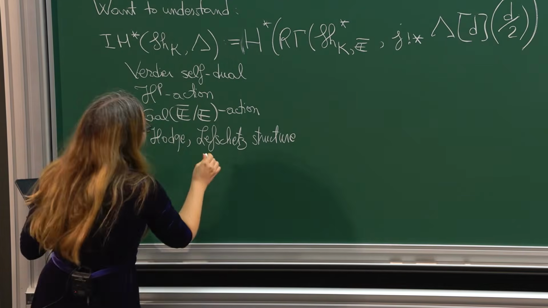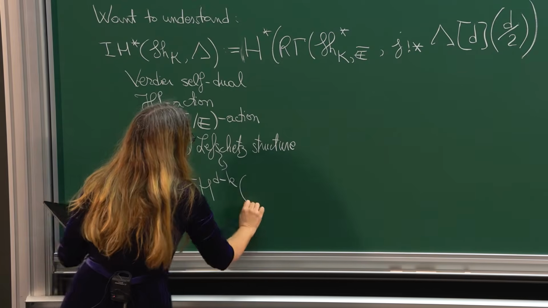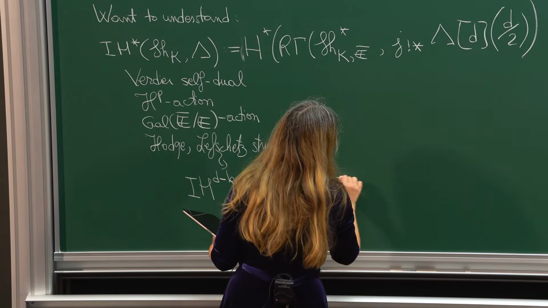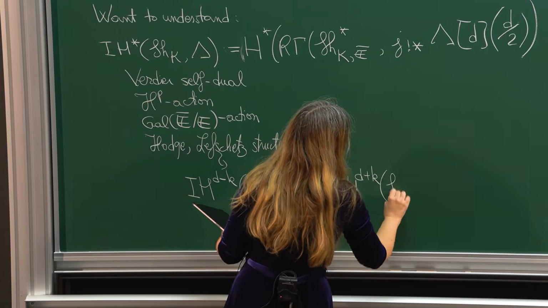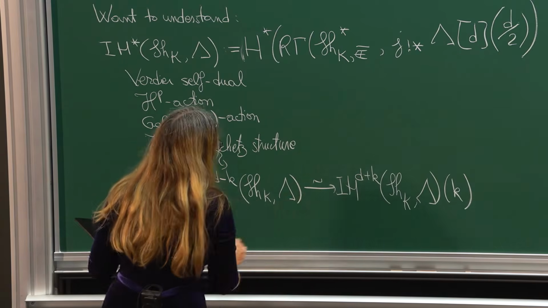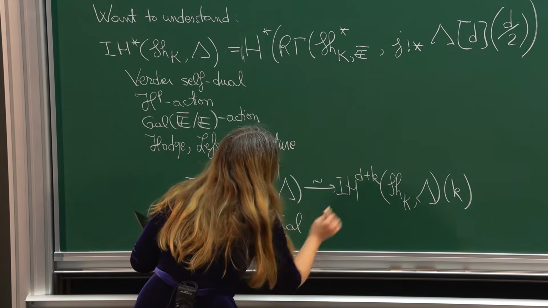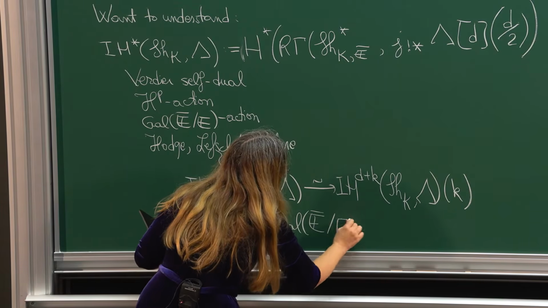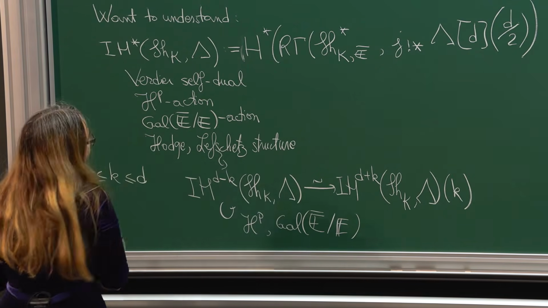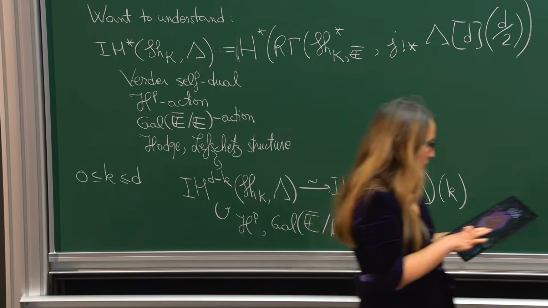This will give you an isomorphism between IH in degree d minus k and IH in degree d plus k, where this is Hecke equivariant, but if I want to make it also Galois equivariant, then I take a Tate twist by k, where k is some integer between 0 and d. So in this sense you have this really nice structure on the intersection cohomology of Shimura varieties.